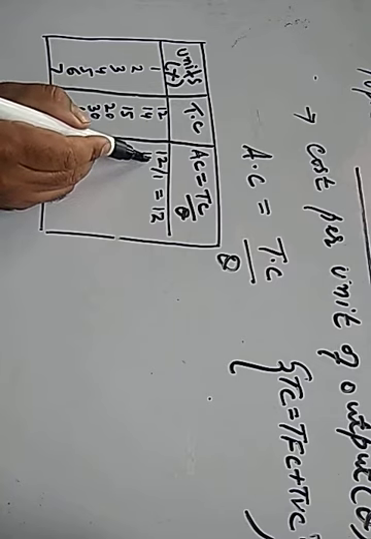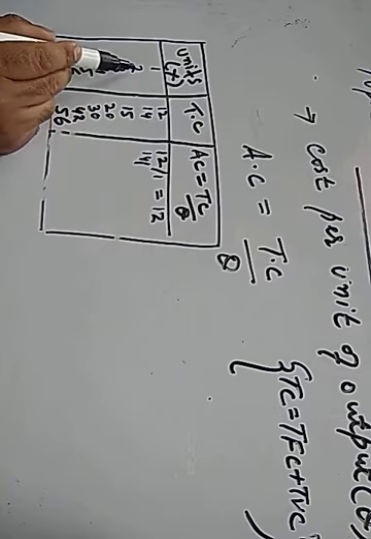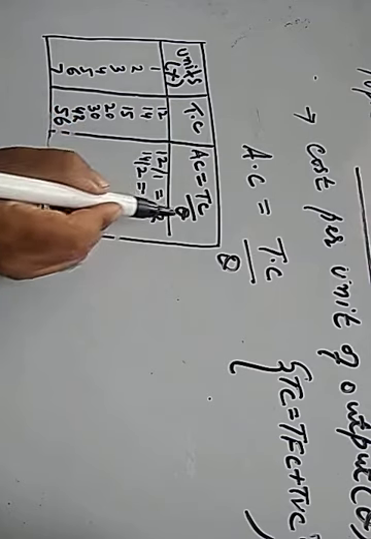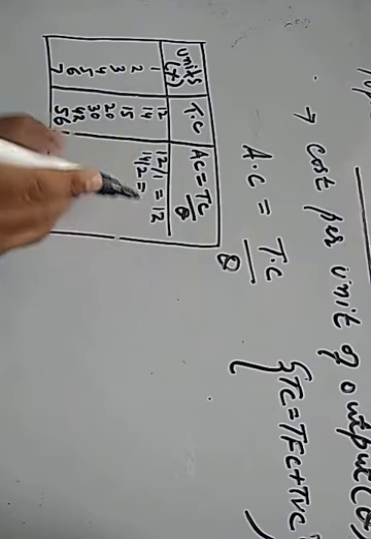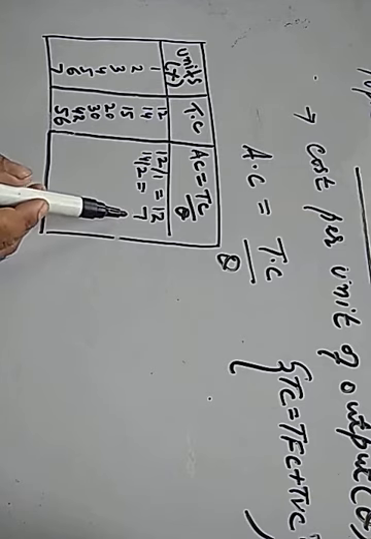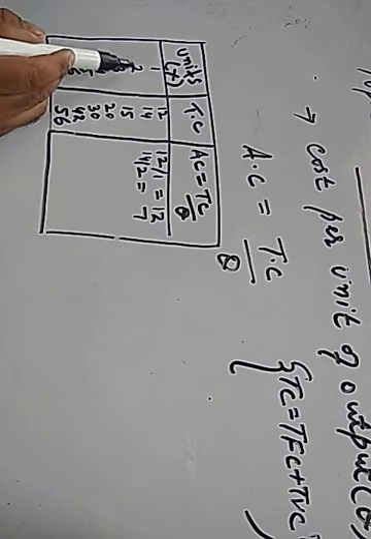Total cost is 14 and level of output produced is 2 units, Q is 2, and it will be equal to 7 rupees. इसका ये मतलब है पर यूनिट जो कॉस्ट है वो है 7 रुपीज.